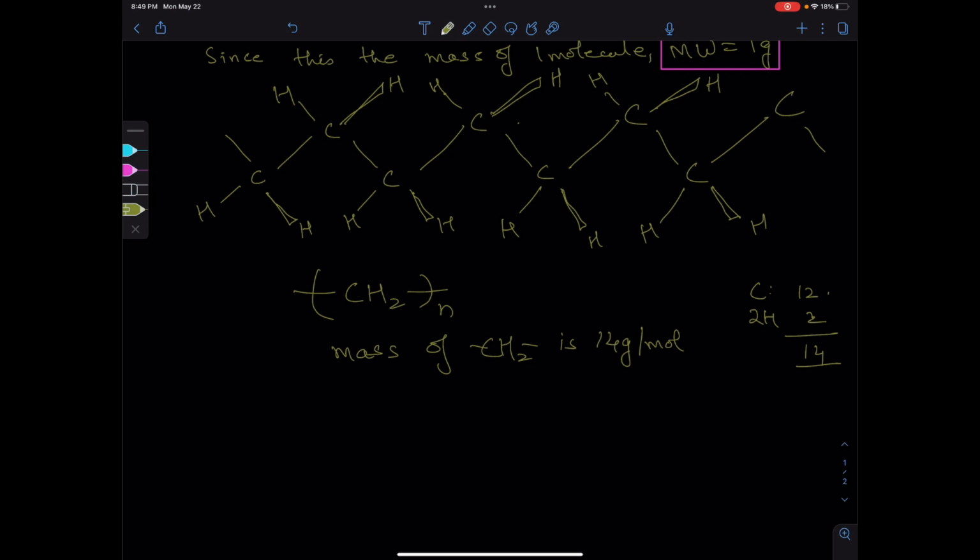So 14 grams has 6.023 times 10 to the 23 mers because it's 14 grams per mole.